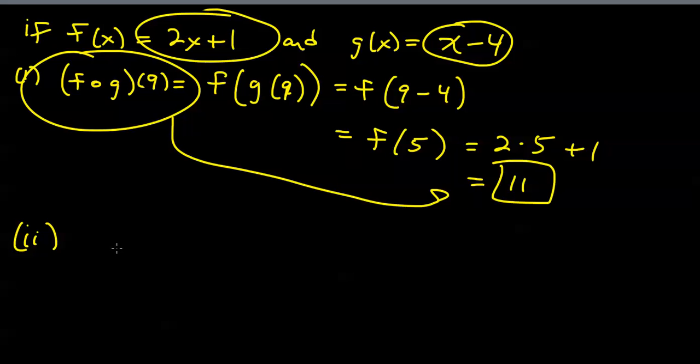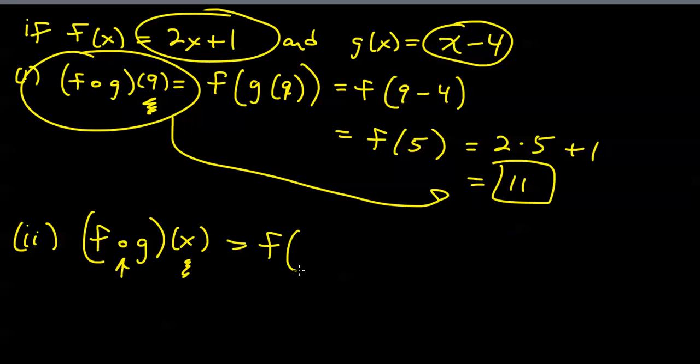Let's do another problem regarding these same two function assignments. Find f of g of x. Well, instead of a 9, we've got an unspecified x value here. Well, remember, f composed with g is really f of g of x.